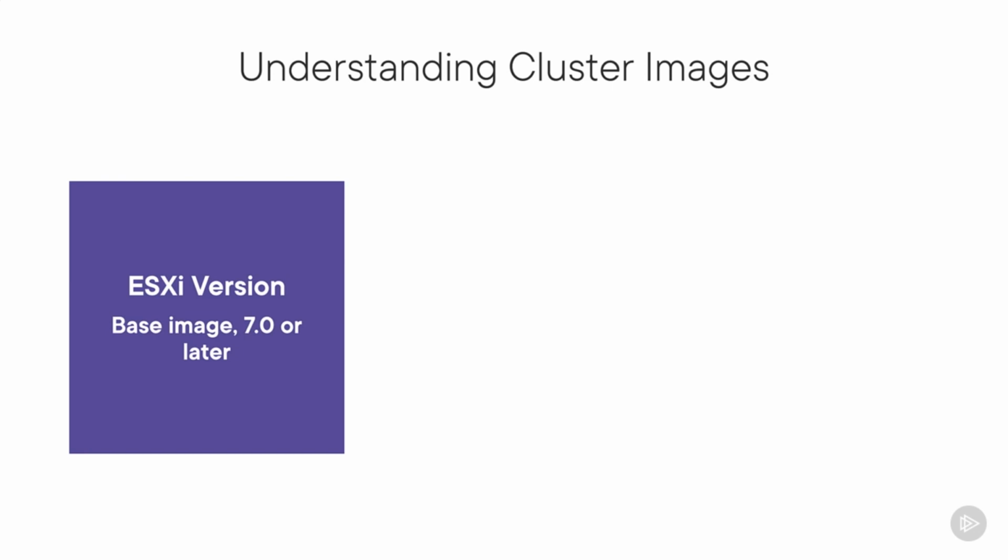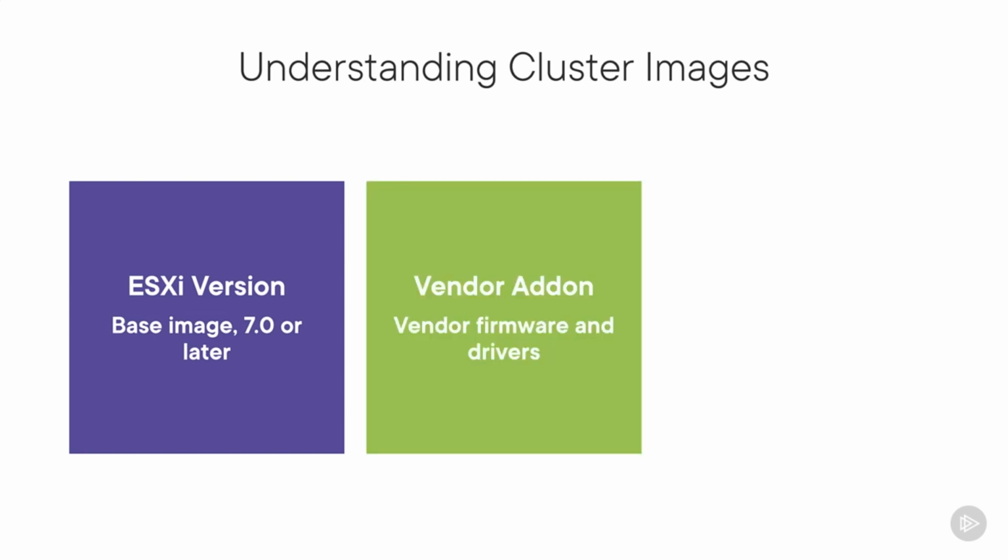And then on top of that ESXi specific image, you might have vendor add-ons, which are vendor firmware and drivers that are specific to the hardware that this ESXi software will be installed on. So if you have, let's say, a Dell ESXi host, vSphere Lifecycle Manager will recognize that and then most likely recommend some firmware and additional add-on software that Dell says that you need to install on that ESXi host.